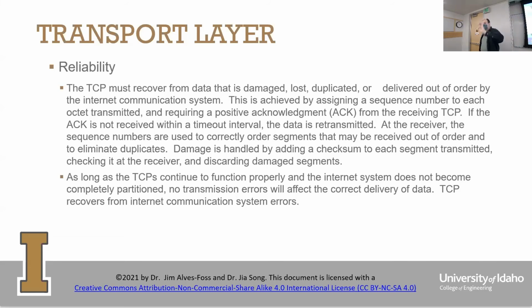And it requires a positive acknowledgement from the receiving transport control protocol. So I send you 1,024 bytes. I need you to come back to me and say, yep, I got 1,024 bytes. And that's called an ACK. Now I'll come back to how we actually do that in TCP in a minute.